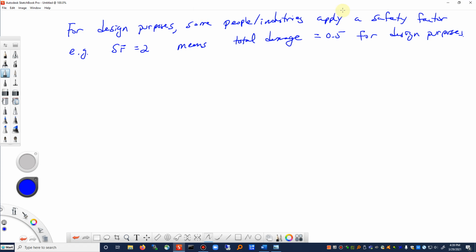If we have variable amplitude loading, then the way to incorporate an accumulation of damage would be taking a look at the cycles identified at different levels.